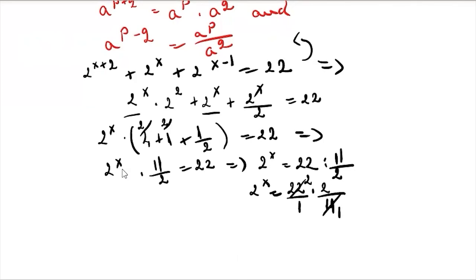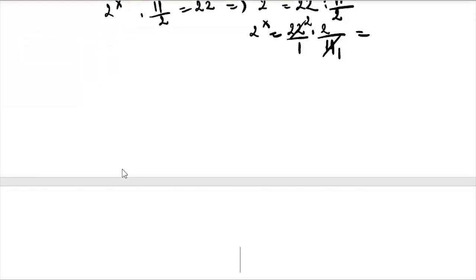So it results that 2 to the power of x equals 2 to the power of 2. Since the bases are equal, it results that x equals 2.